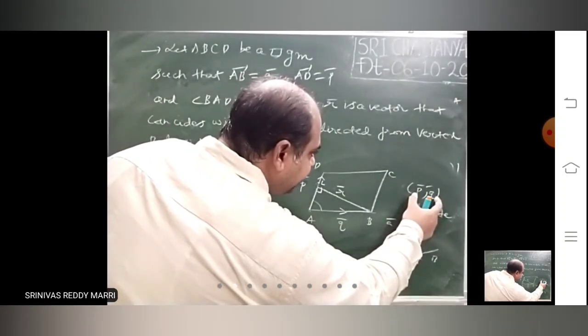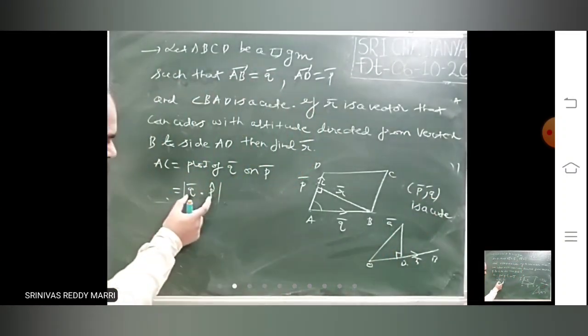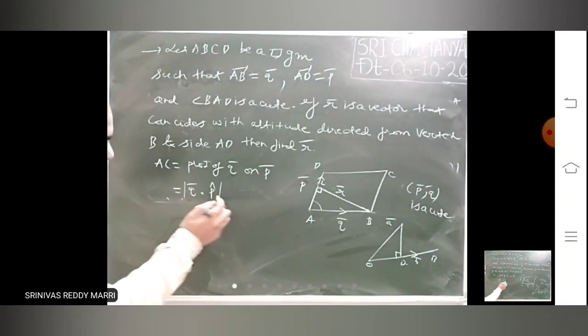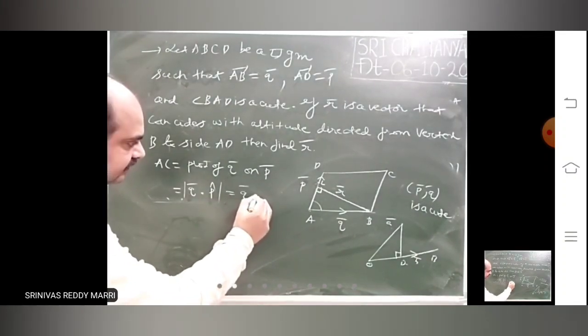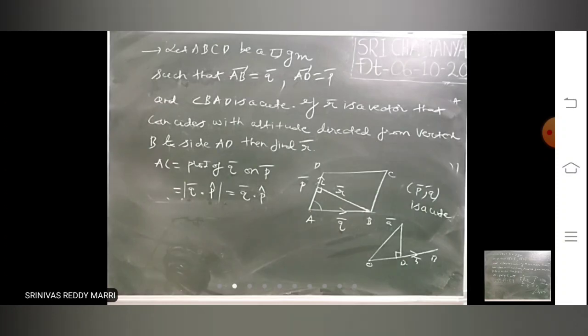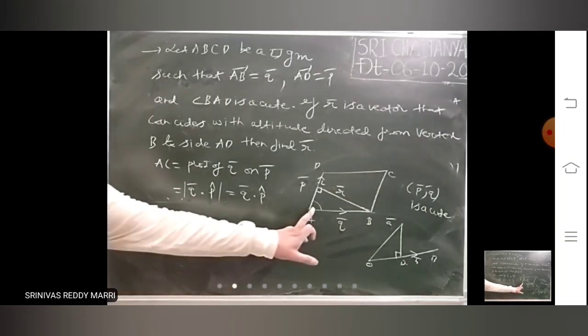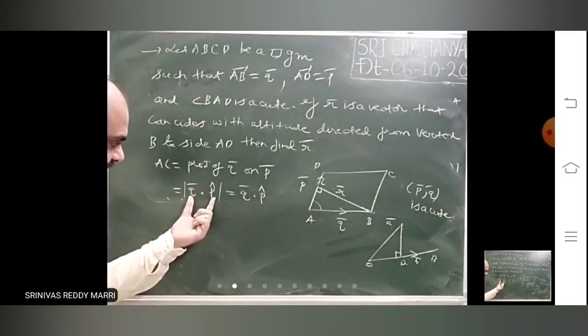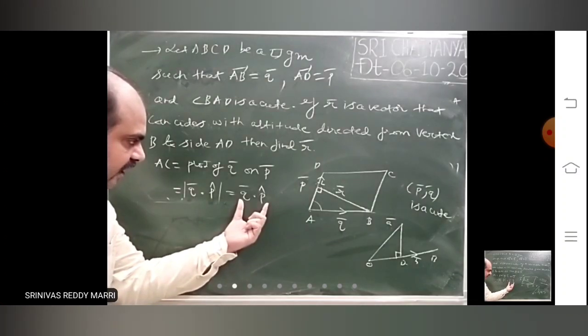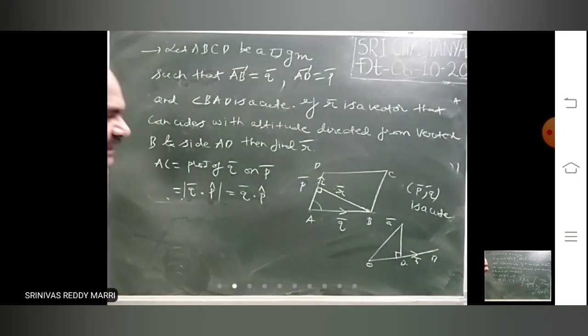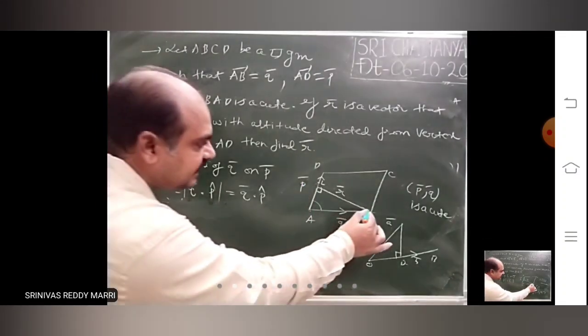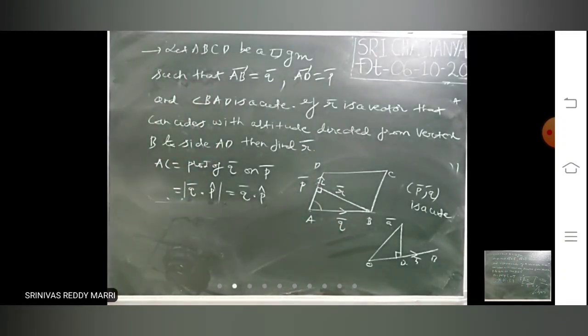But the angle between P bar, Q bar is acute, which means this dot product will be positive. Positive means no need to write modulus. If an acute angle is there, this will become positive. Right? So this is Q bar dot P cap. Not this length he is asking. What he is asking is BL bar.